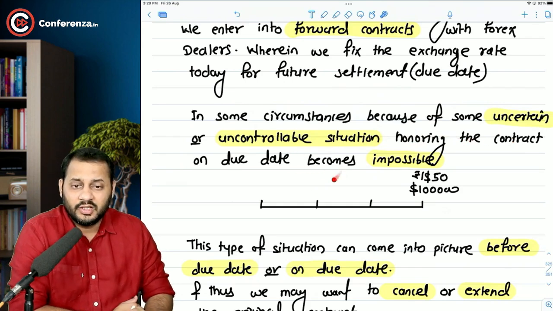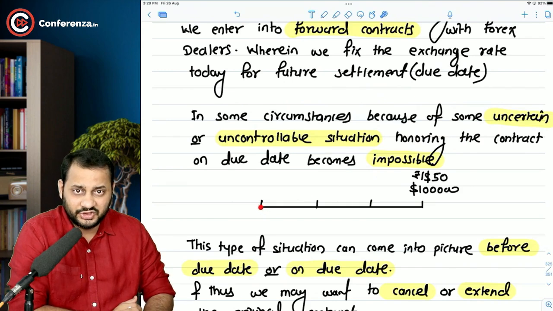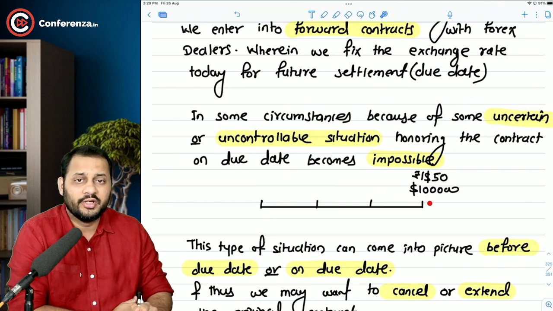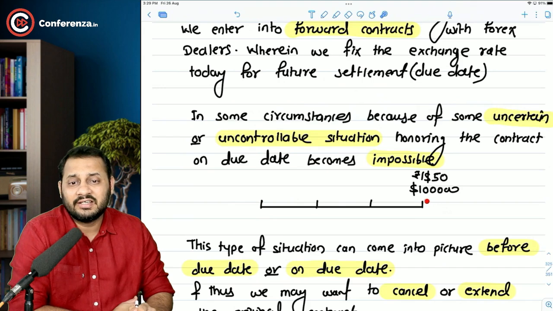Now what happens is that on this date, the start of the transaction, you take the forward contract with the bank, and after this date, maybe early date or due date, you realize that it is impossible for you to honor the contract, and that's why you want to first of all cancel the existing contract.